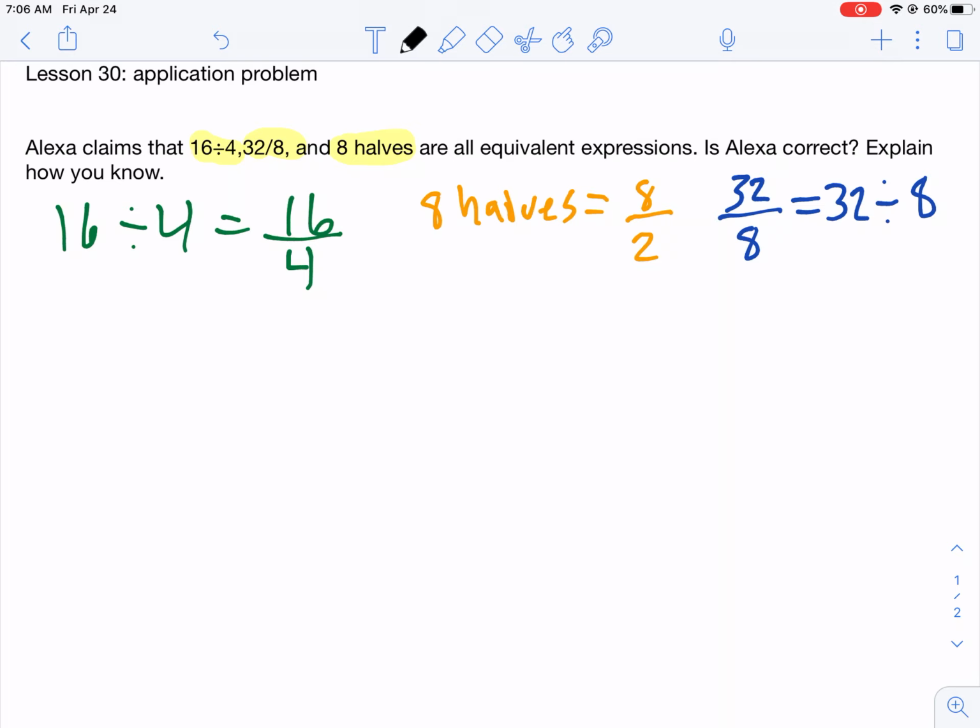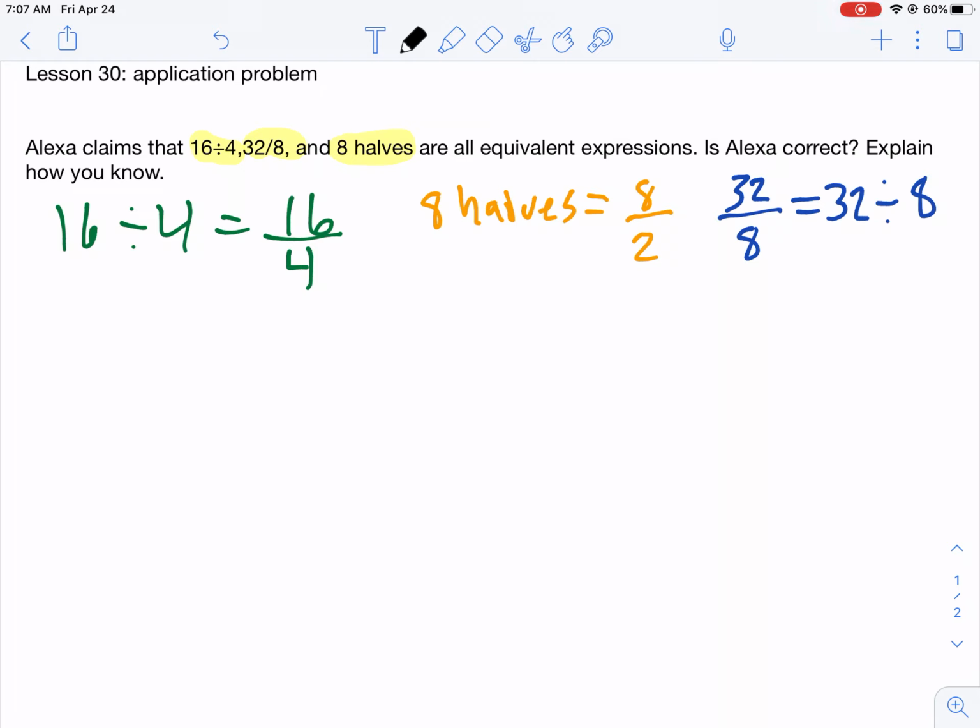Remember that when you work with fractions, if you multiply the denominator by, let's say, 4, you have to multiply the numerator by 4 to make equivalent fractions. So that's kind of what we're going to do here.